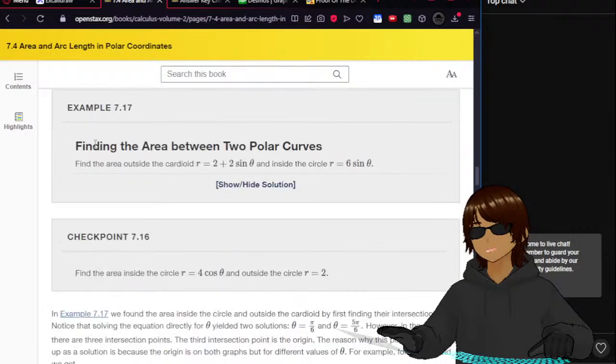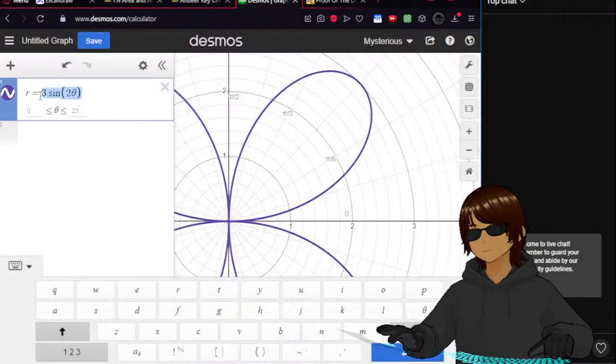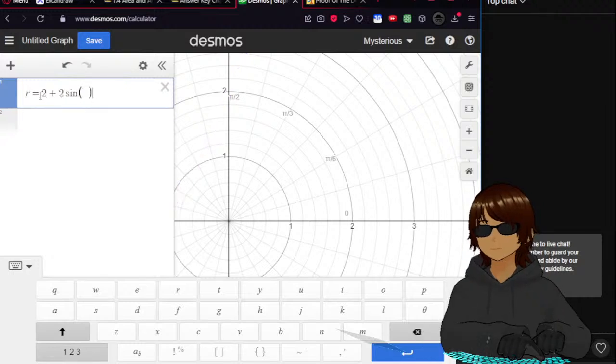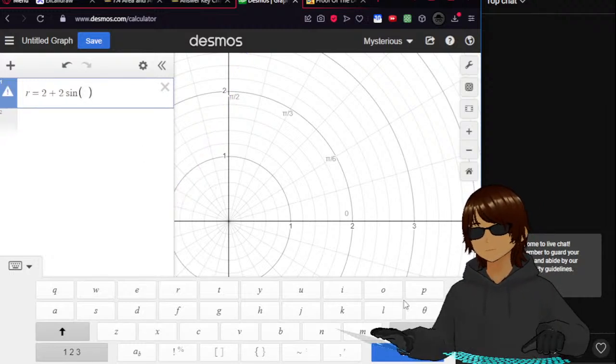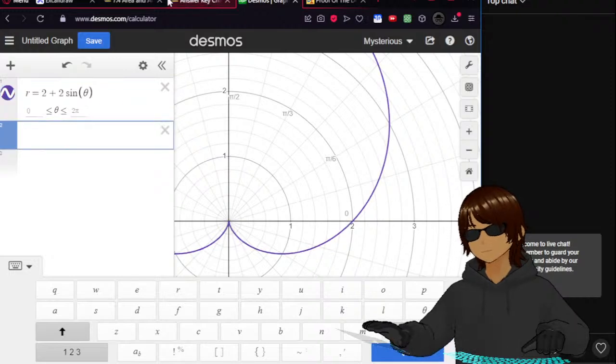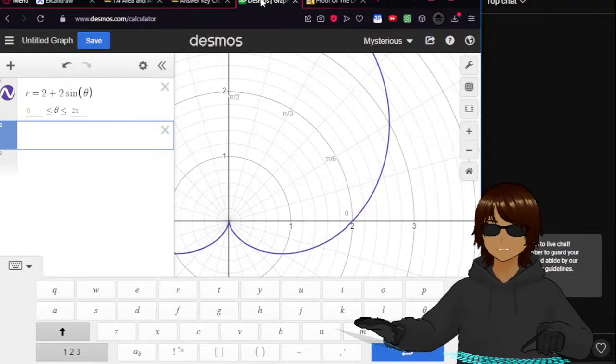Yes. Finding the area between two polar curves. r equals 2 plus 2 sine theta, and r equals 6 sine theta.